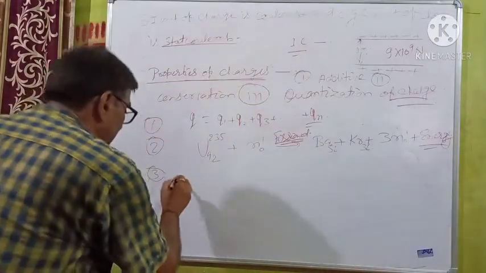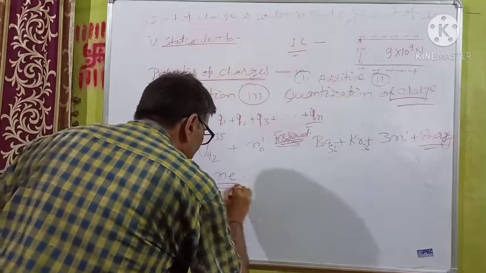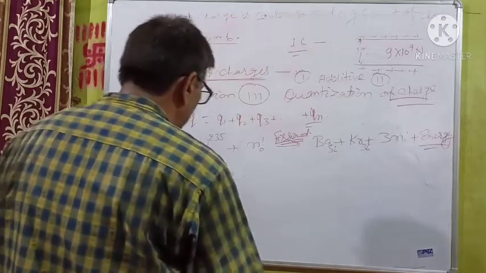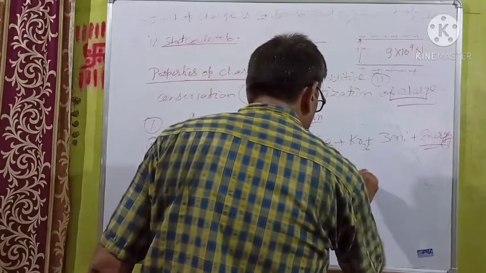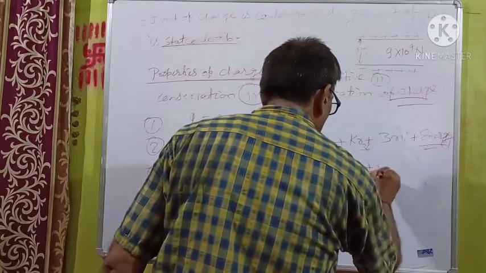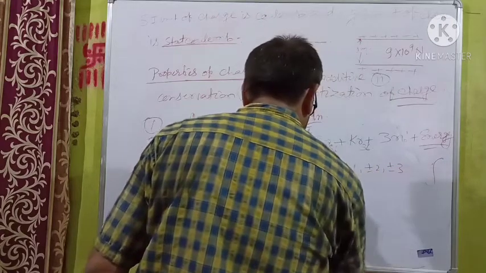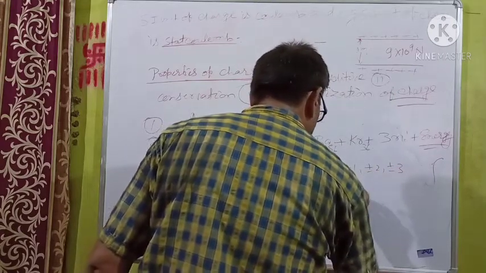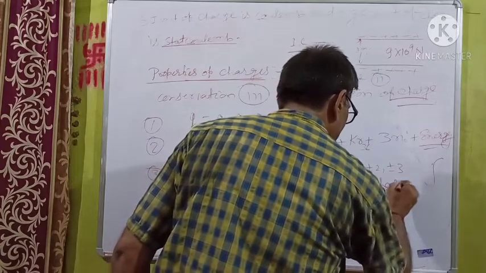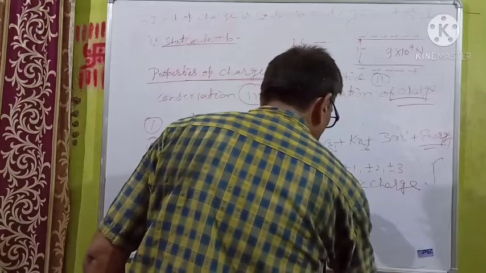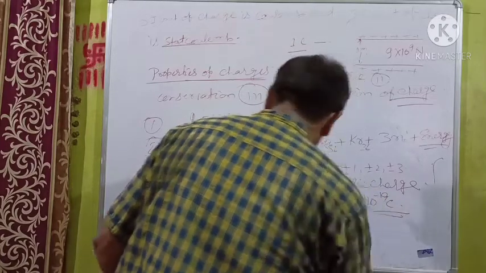Here Q is equal to n e, where n is equal to plus or minus 1, plus or minus 2, plus or minus 3, dot dot dot, and e represents the basic charge. Its value is 1.6 into 10 power minus 19 coulomb.